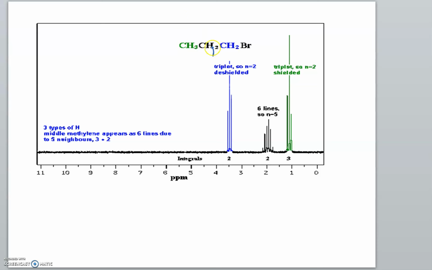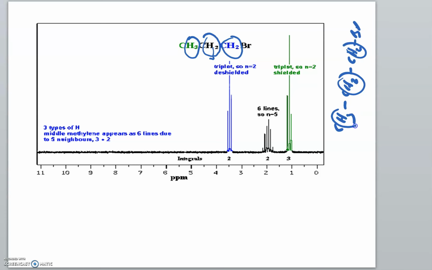This CH2 is a distinct proton, this CH2 is another distinct proton, and this CH3. Three types of protons are present here: CH3, CH2, CH2Br, and therefore all are chemically different.